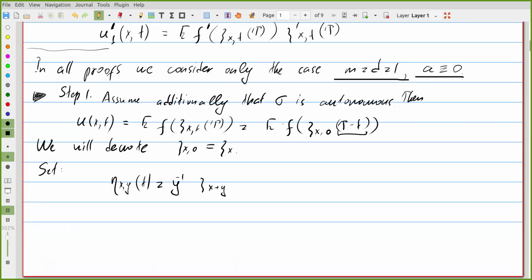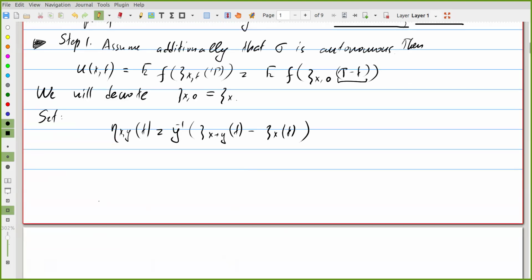If this coefficient sigma is not autonomous, you can do pretty much the same, but you will need to take care of two indexed time parameters. Just not worth it. It doesn't add anything to the proof at this point. And at the last lecture, we used the following representation.